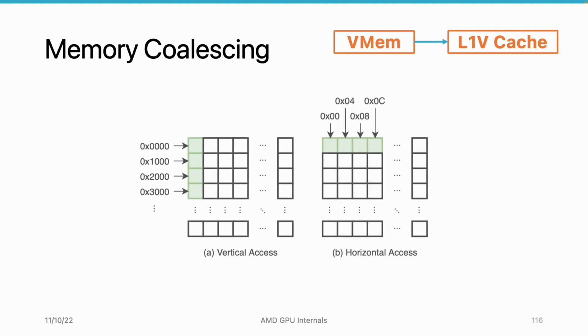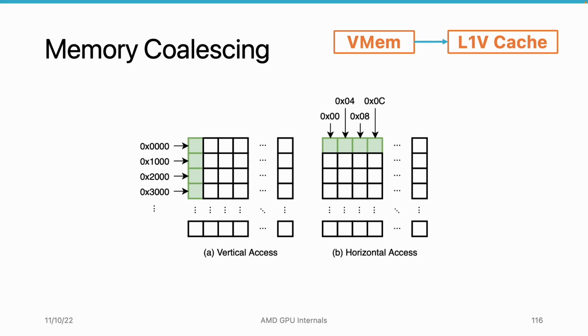Another implication is how we access 2-dimensional data. For example, if we have these row-major matrices, then the data next to each other on the x-axis are next to each other in memory. So this data may have offsets 00, 04, 08, and 0C. But on the y-axis, we may have offsets of 00, 1000, 2000, 3000.